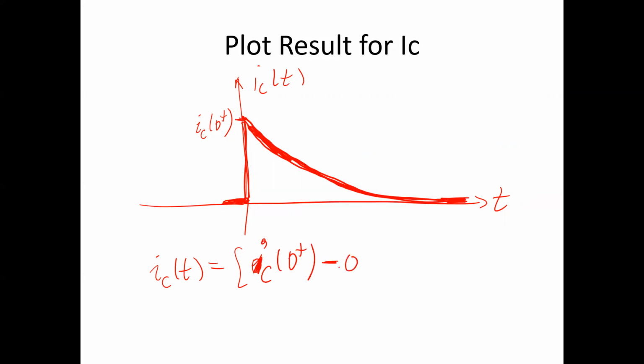And then its final value is going to be 0. This is going to be e to the minus t divided by tau, where tau is the same R Thevenin times C that we found and used for VC, and then plus the final value, which is 0 here. So we can use the same logic now to write the mathematical expression for the function that we've just plotted as the result for IC.